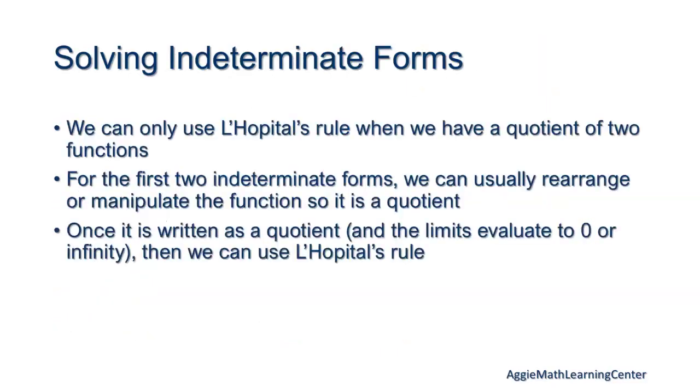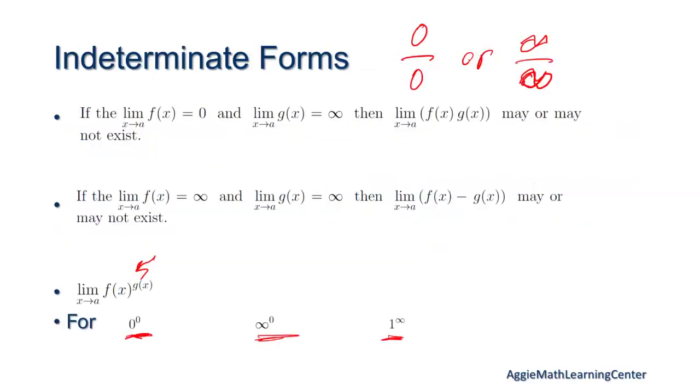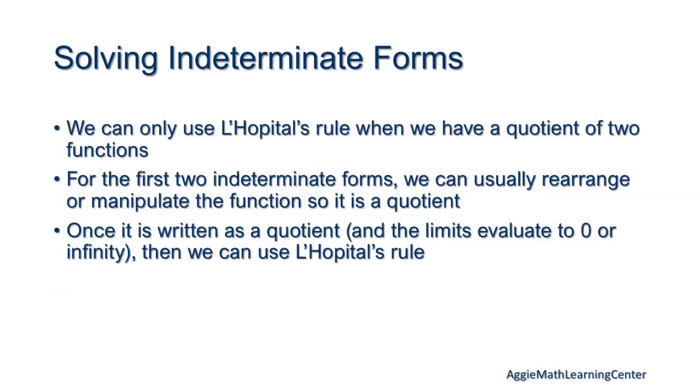Cool. So, solving for indeterminate forms. With our 0 over 0 or infinity over infinity case, it's just like normal L'Hopital's rule. But whenever we have one of these different forms, like something to a something power where it's indeterminate, we actually have to do something different.